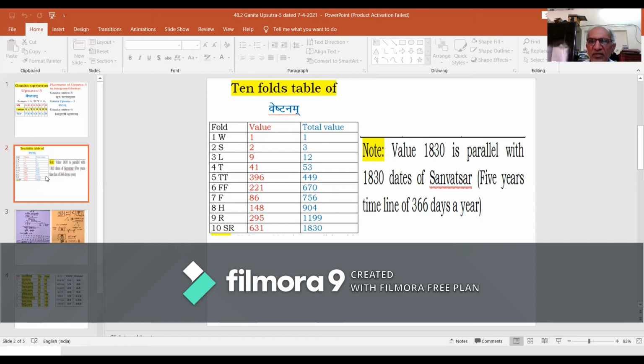Value 1830 is parallel with 1830 days of Sanvatsar, the 5 years Yuga of 366 days a year. This makes Jyotir Vedang.